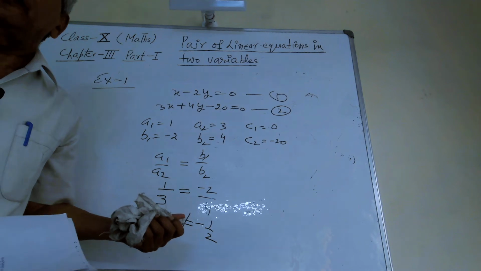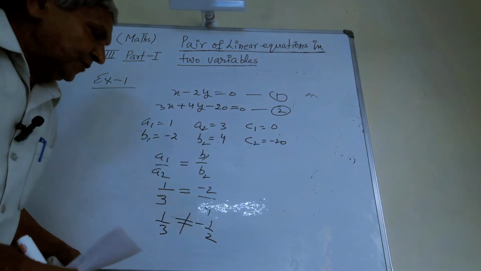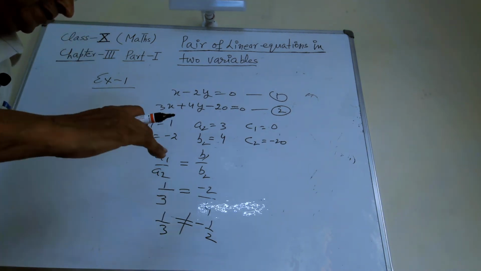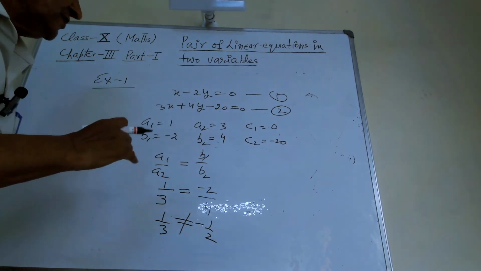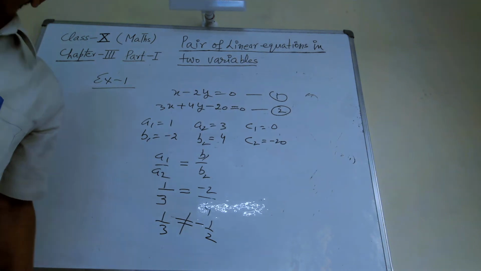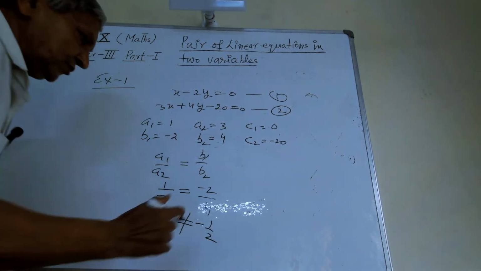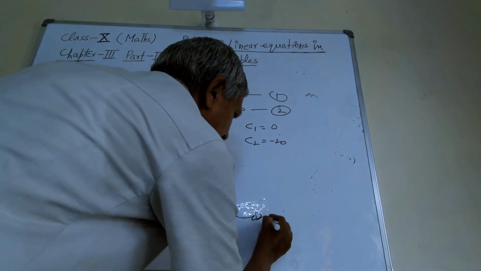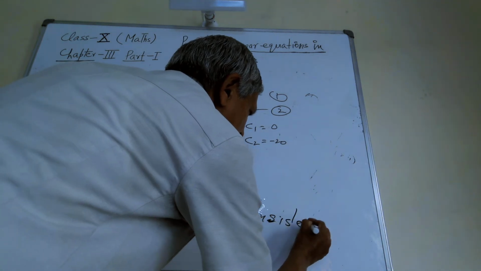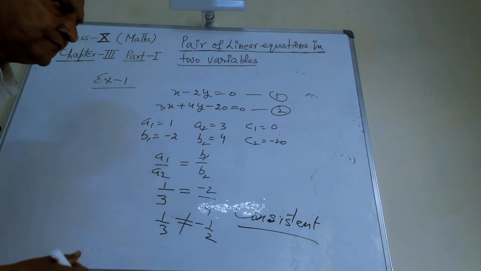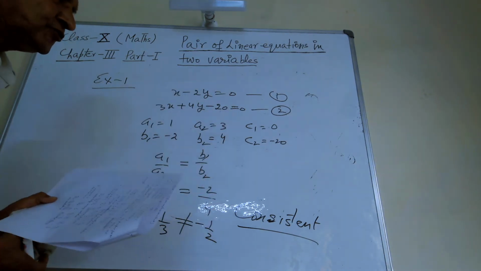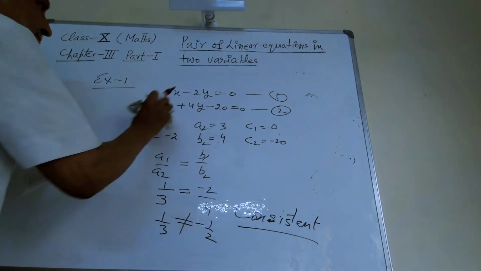I will tell you about these methods later on. Today I am only giving the knowledge of checking which equations can be solved and which cannot. So this is consistent. These equations have a solution, which we will find later on.